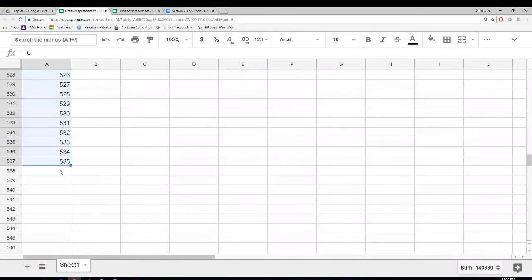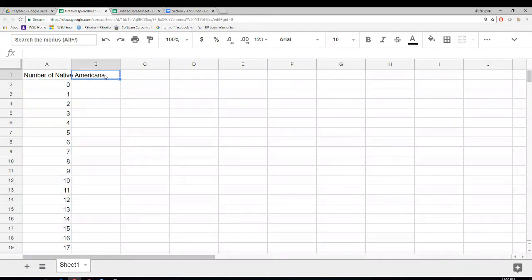Now I had a label up there in the first row, and I started with 0. So I knew I had to stop here at row 537 in my spreadsheet. So I need a couple of additional rows at the very top to get started there. So there I stopped at 535.